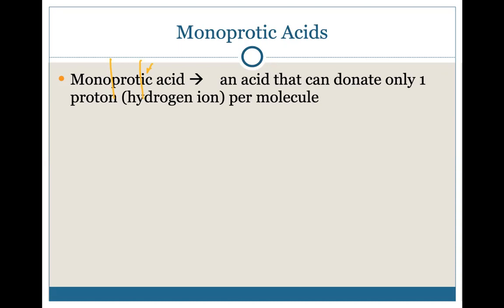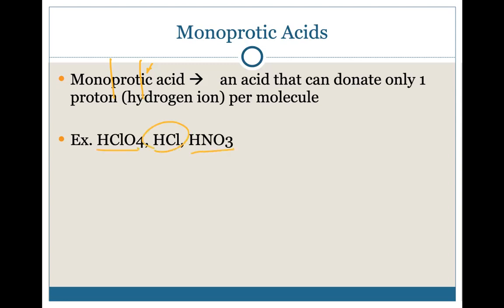A monoprotic acid is an acid that can donate only one proton per molecule. All of your binary acids are going to be monoprotic, like HCl, HI, HF, like that.